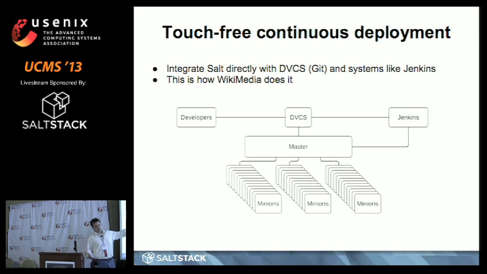We want it to go to an arbitrary database or interface. And so in Wikimedia's case, when they deploy code, all of their systems report into a Redis database, and that's all brokered via Salt. Now, the great thing here is that we're able to take advantage of external databases and external interfaces and ingest information in a very clean way.